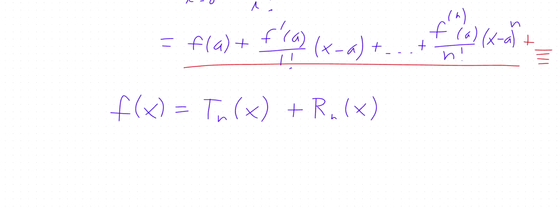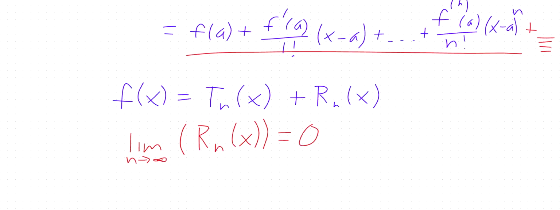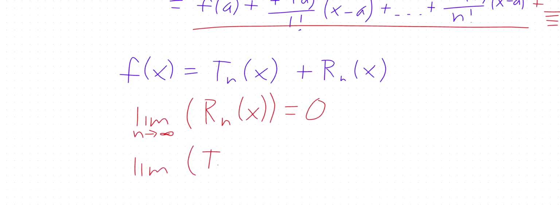So what we also know is that the limit as n goes to infinity of this R sub n of x has to equal 0. Just like if we would do the limit of our polynomials, we would get f of x.